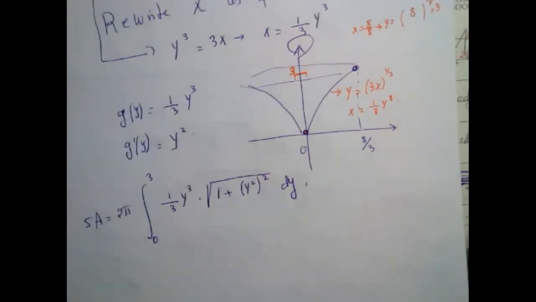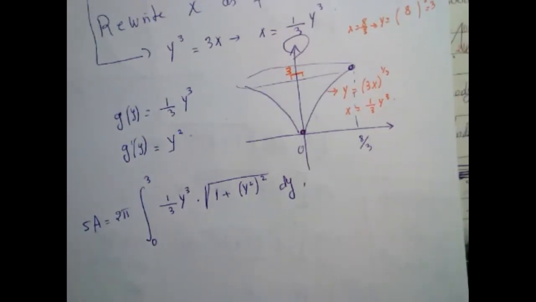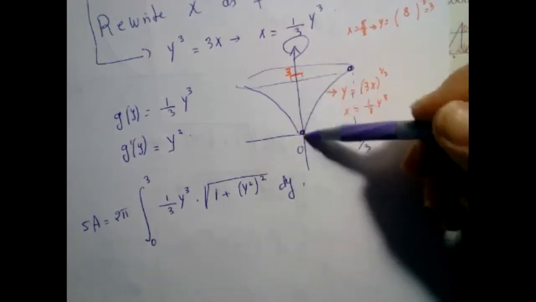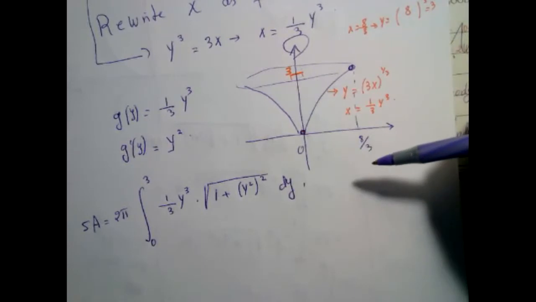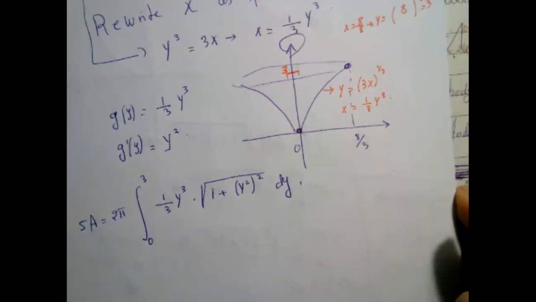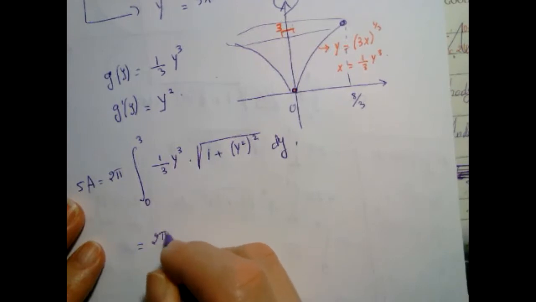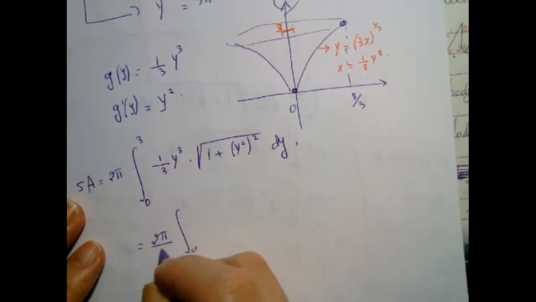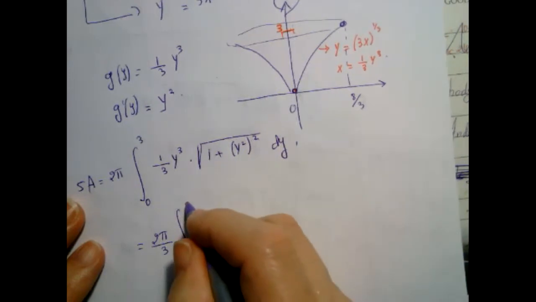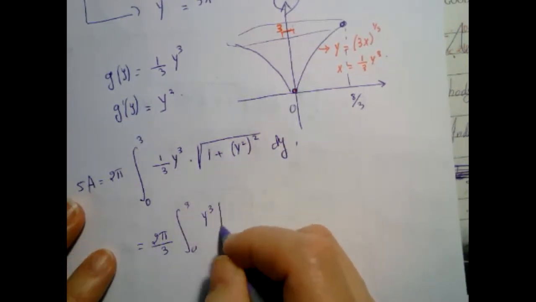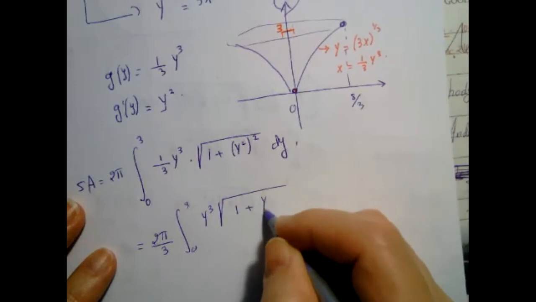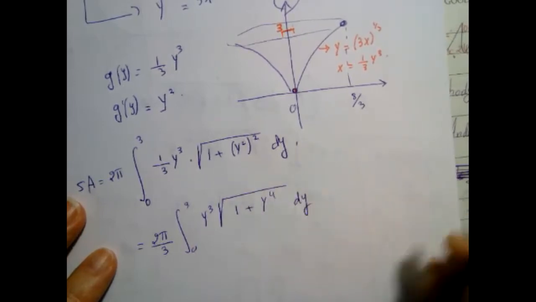So to find the surface area, if we are rotating about the y-axis, we have to express x as a function of y, find also the limits in terms of y, and then use exactly the same formula. It's going to give me 2 pi over 3 integral from 0 to 3 of y to the power 3, square root of 1 plus y to the 4, dy.